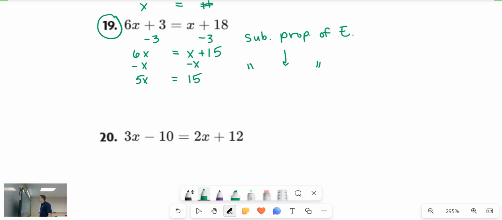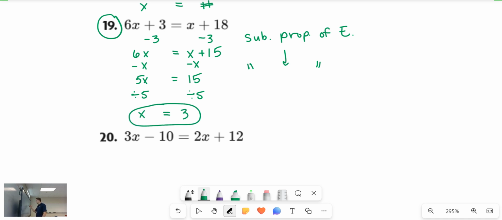And then our last step is going to be to divide by 5, both sides. So we have x equals, and 15 divided by 5 is just 3. So we get x equals 3 as our solution.